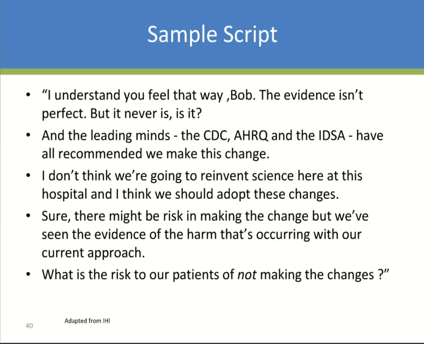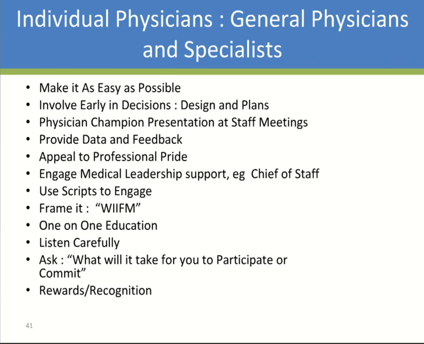Next slide. So some more tips and techniques to get engagement on an individual physician level, and these are arranged to some degree on difficulty of buy-in, so that the further down the list are the tactics for the most recalcitrant. First, and very importantly, make it as easy as possible to do the right thing.